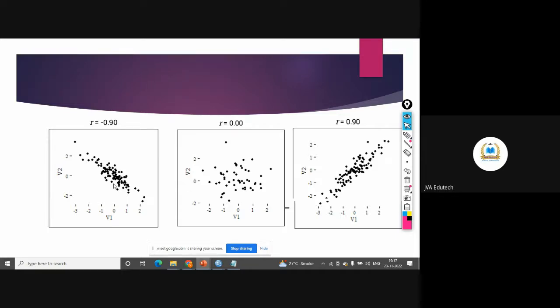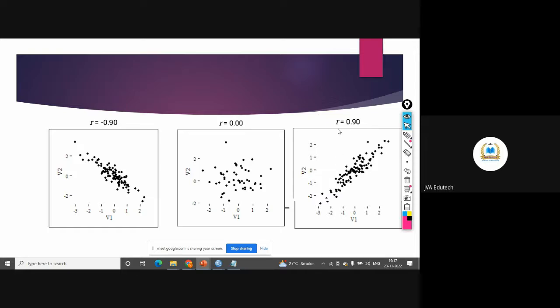If it's a positive correlation, it means that if x increases, y increases, or vice versa. It does not tell us about the magnitude, it tells about the direction of the correlation. So if r is equal to minus 0.9, it means 90% correlation is there, but it is negative. If x is increased by 100%, y decreases by 90%.